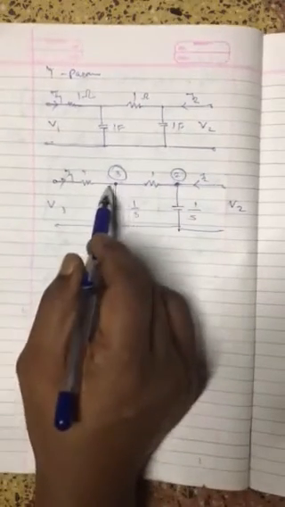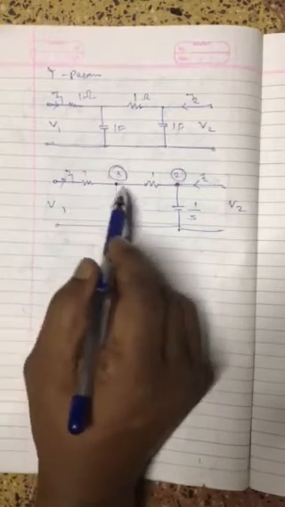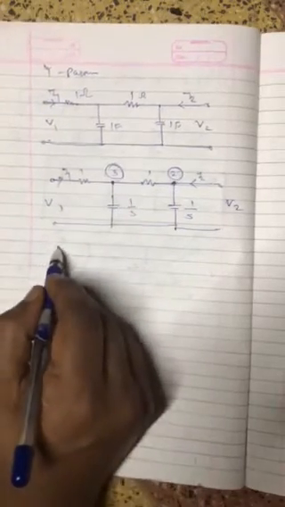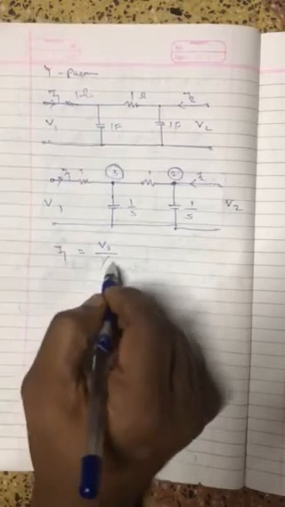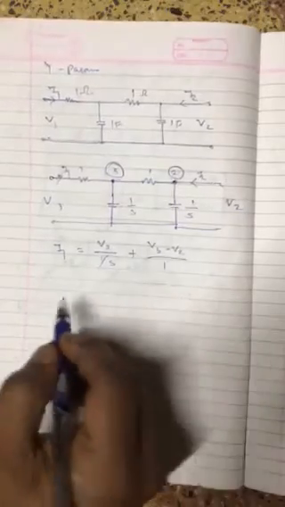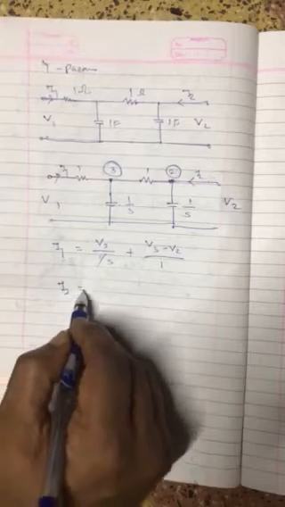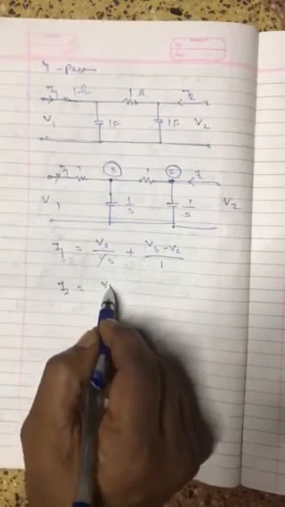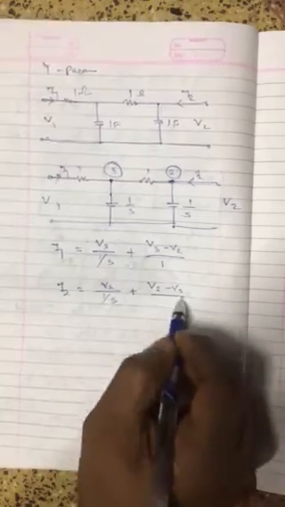First we apply KCL here, and it will be I1 equal to V3 by (1 by S) plus (V3 minus V2) by 1. When we apply KCL here, it is I2 equal to V2 by (1 by S) plus (V2 minus V3) by 1.